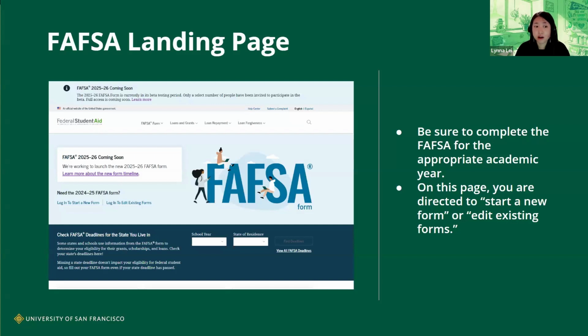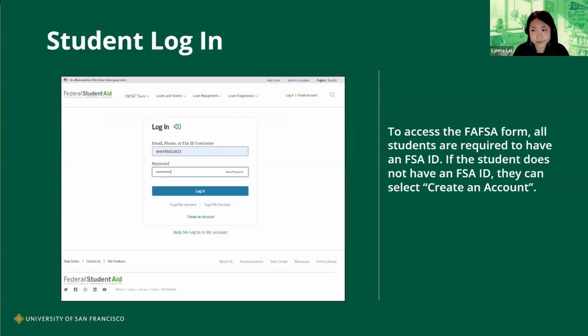If you are attending school before then, you will need to complete the 2024-25 application. On this page, you can choose to start a new form or edit an existing form.